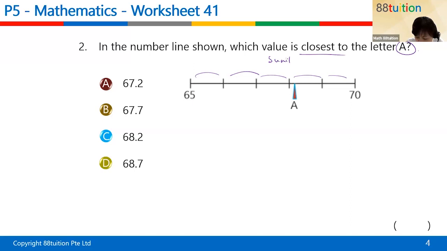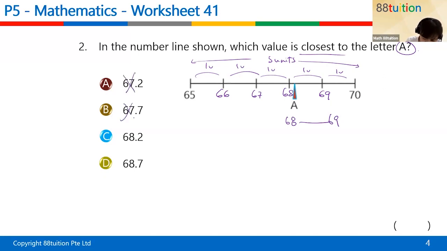You have 5 units, where 1 unit represents 1. So it goes 65, 66, 67, 68, and 69. Now, if you look at it, it's between 68 to 69. That's for sure. It can't be anything greater, neither smaller. So cross out the impossibility, which will be 67. Nothing above 69, so we don't need to cancel.